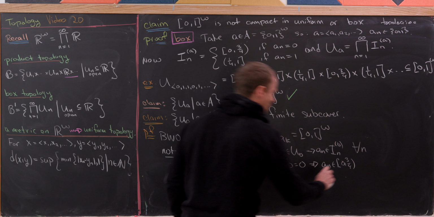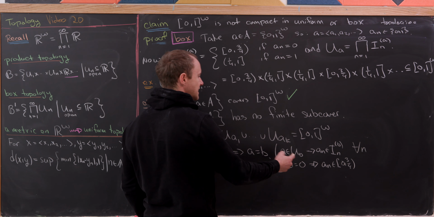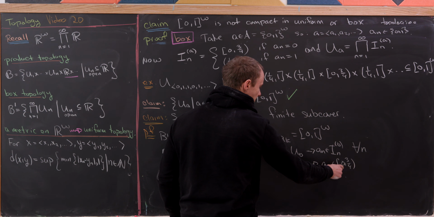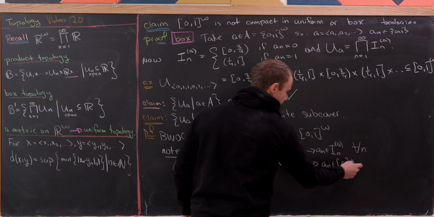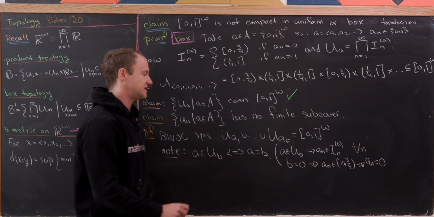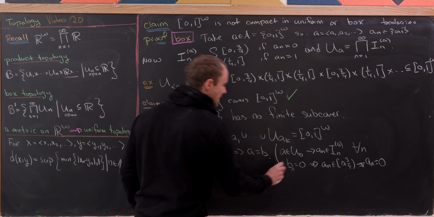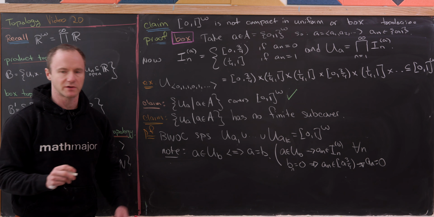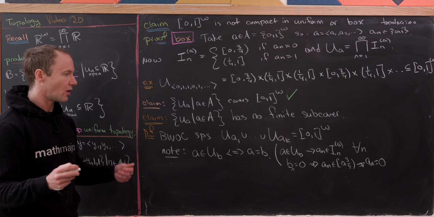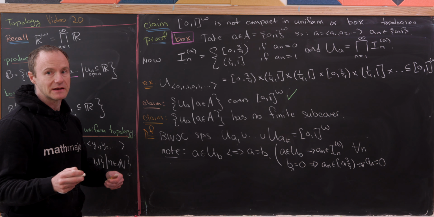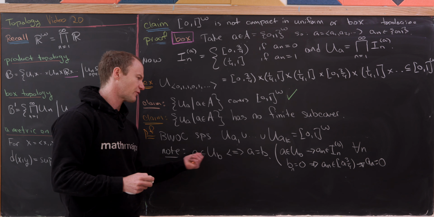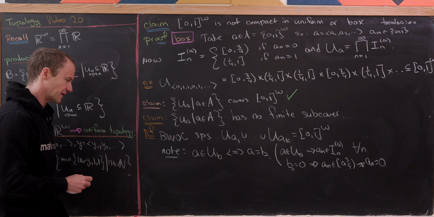But it can only be equal to 0 or 1. So the only thing that could be between 0 and 3/4 that's also equal to 0 or 1 is 0. So that means that AN is equal to 0. And then if BN is equal to 1, then we similarly get that AN is equal to 1. That means that AN and BN are always the same, meaning that A and B match in every entry, meaning that A is equal to B. And I think the reverse direction is very, very clear.